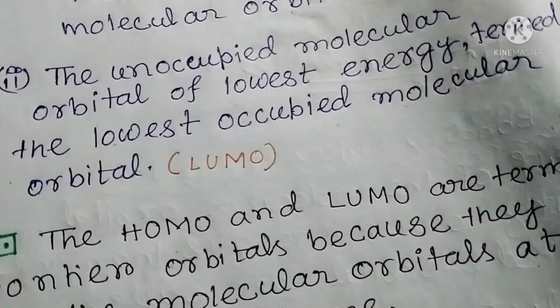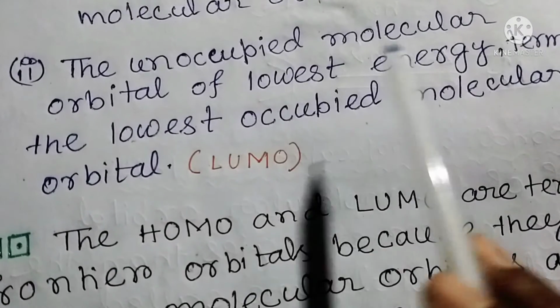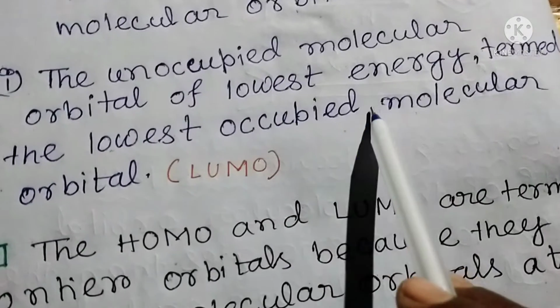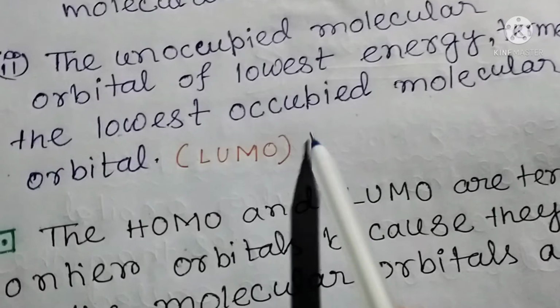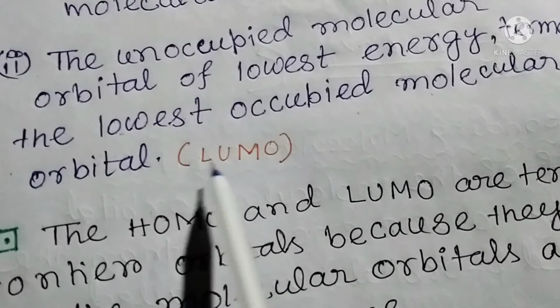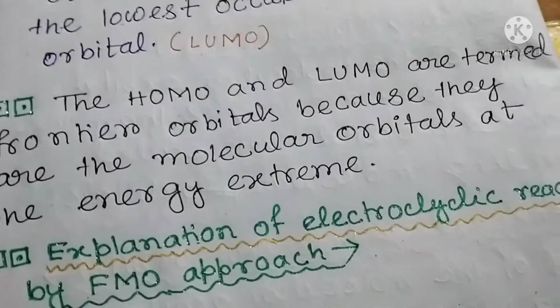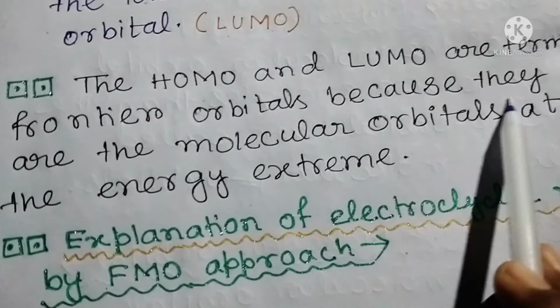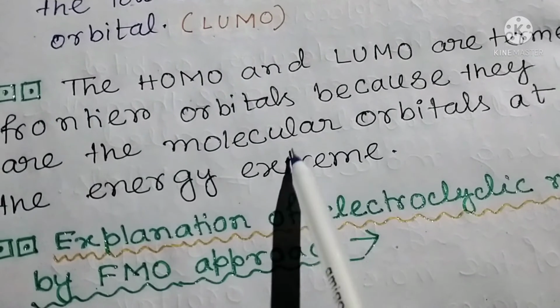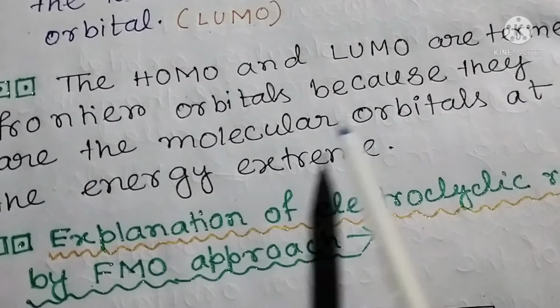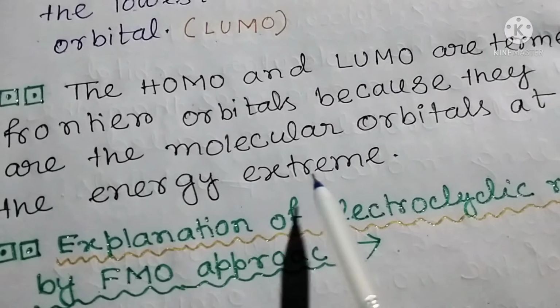And the next one is the unoccupied molecular orbital of lowest energy, termed the lowest unoccupied molecular orbital, known as LUMO. The HOMO and LUMO are termed frontier orbitals because they are the molecular orbitals at the energy extreme.